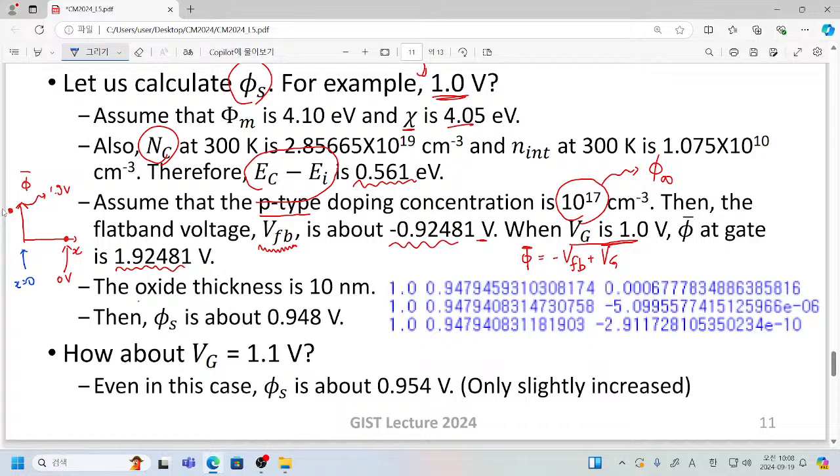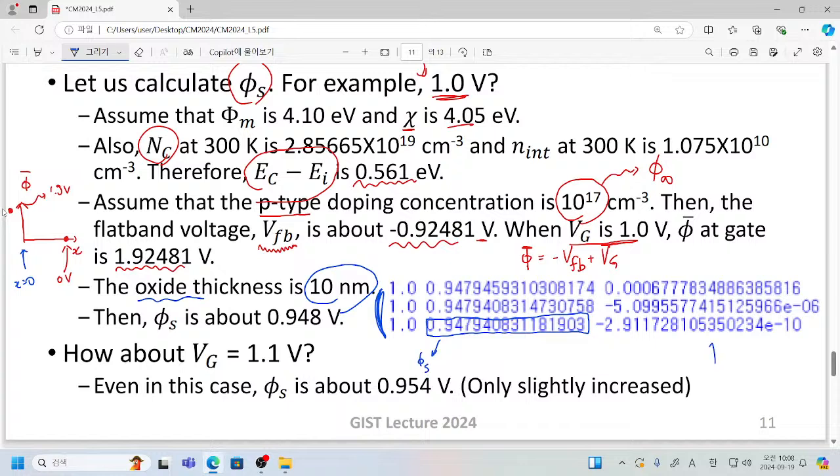When the oxide thickness is 10 nanometer, by applying the Newton method you can easily find this value for your surface potential.